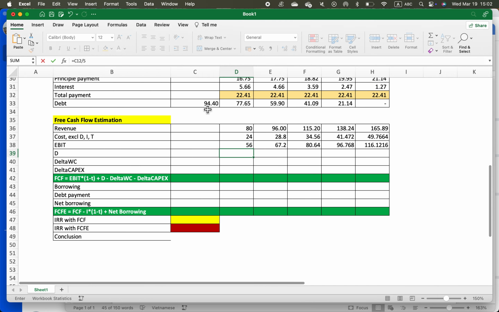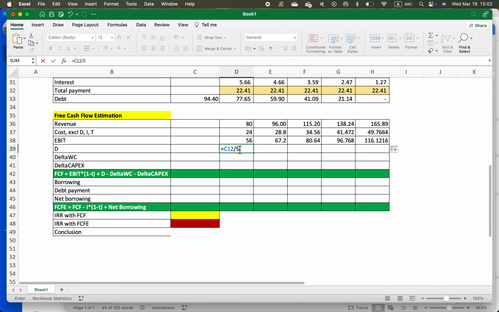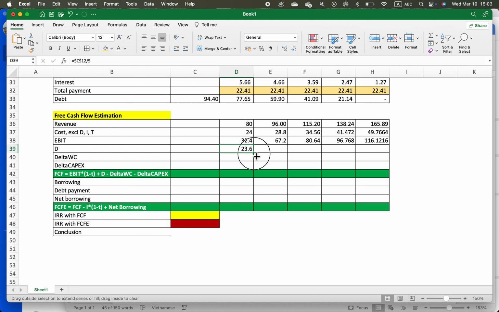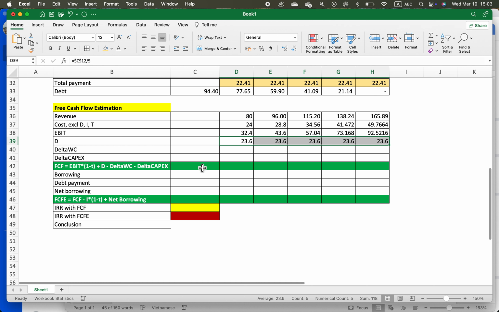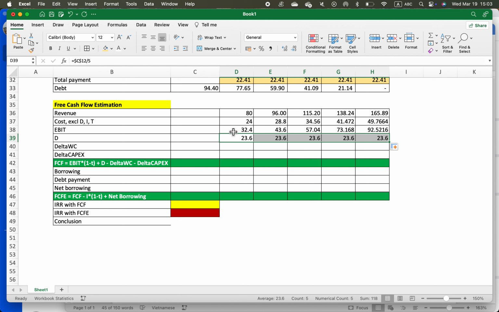Before we do that, we just fix this cell by pressing Fn F4, to fix that address. Then we divide it by 5. Okay, cool. So now we have the information of EBIT very clearly.